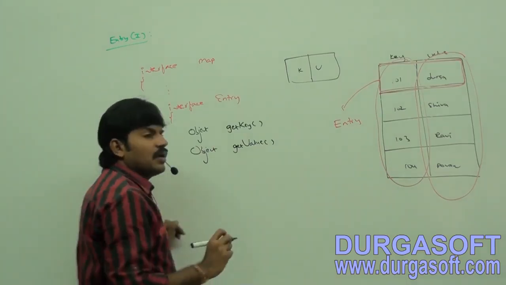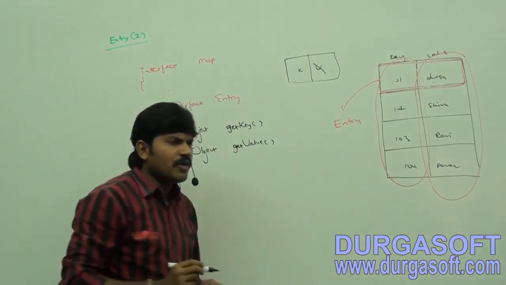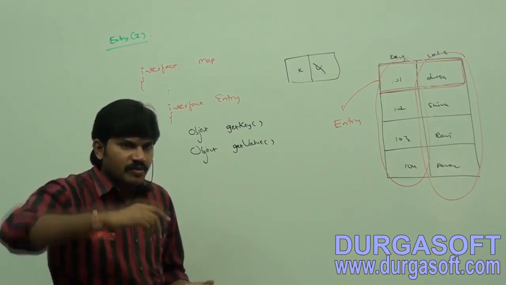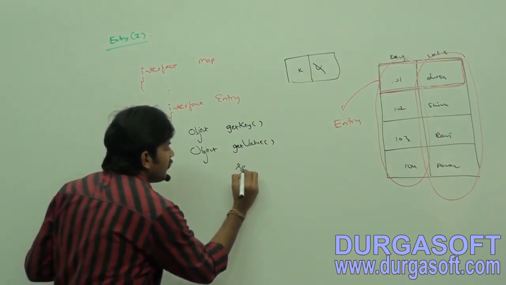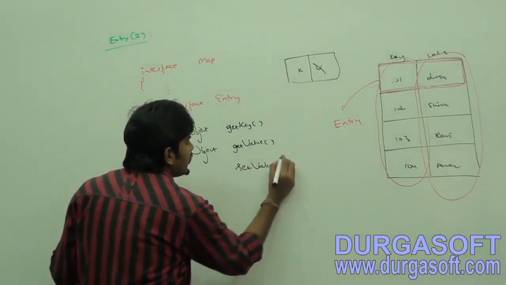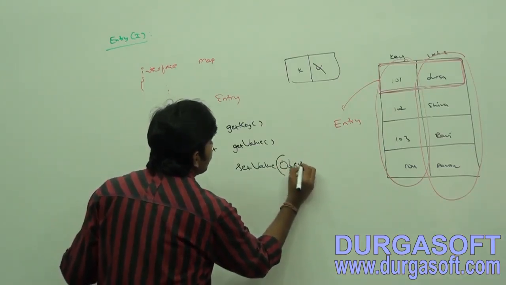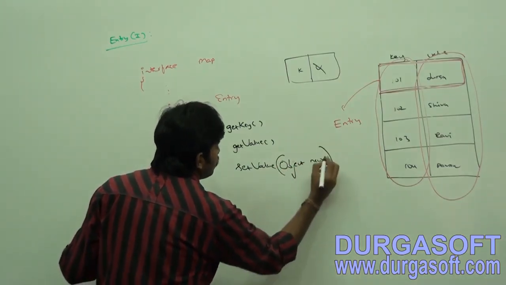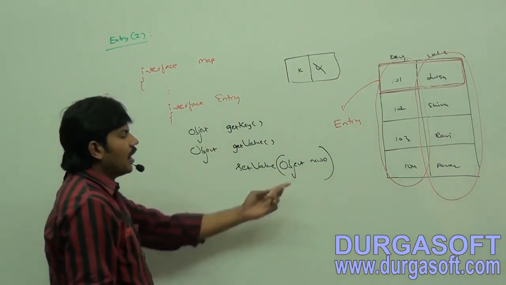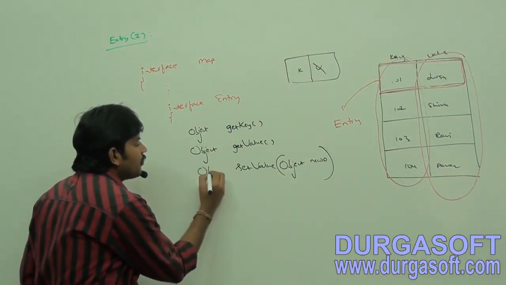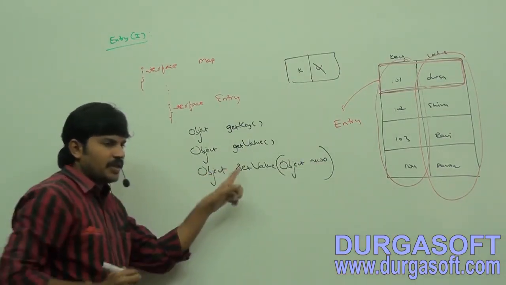Next, if I don't want this value, can you please replace it? Yes, boss: setValue. With which value do we set? With the new object. The return type is Object, and the old value will be returned by default.